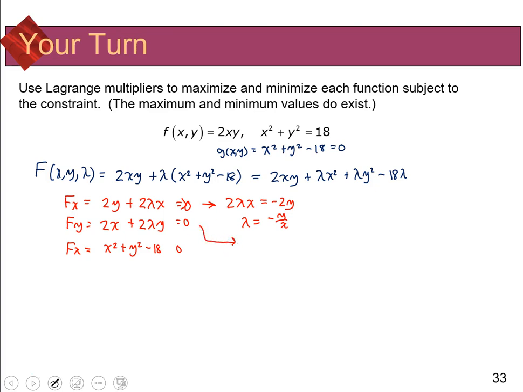When I solve the partial derivative with respect to y, I get that 2 lambda y equals negative 2x. Dividing both sides by 2y, I get that lambda equals negative x over y. So I know that negative y over x equals negative x over y, which means the negatives would cancel, and x squared is going to equal y squared.